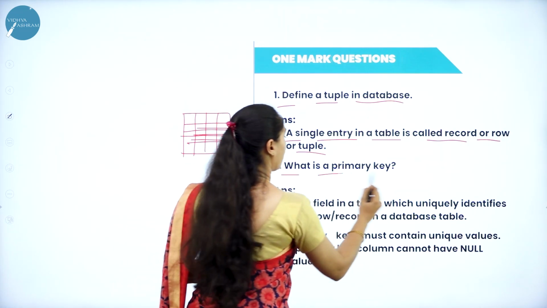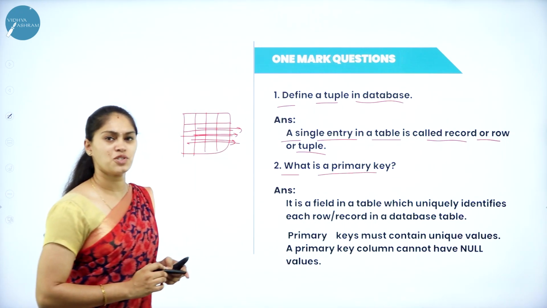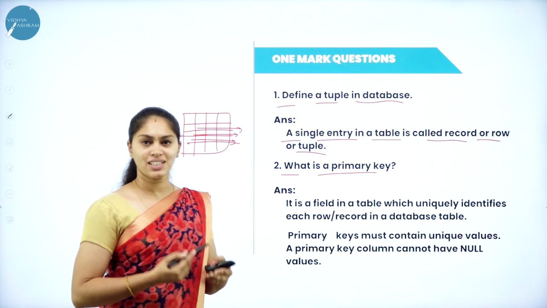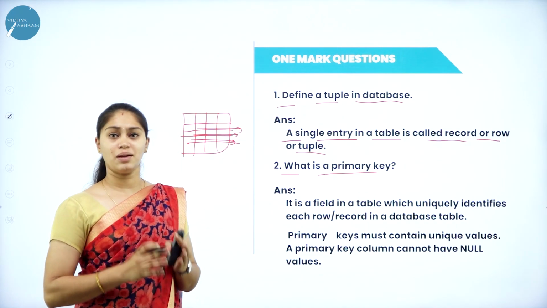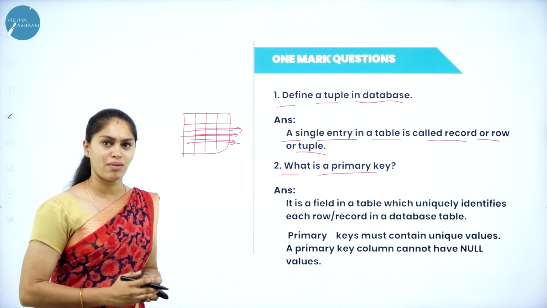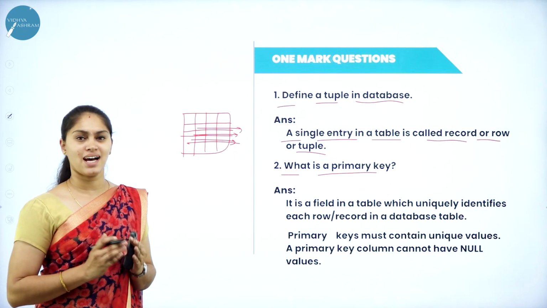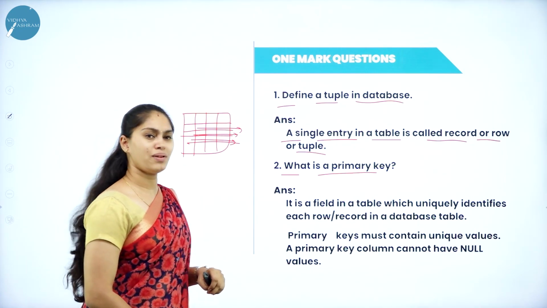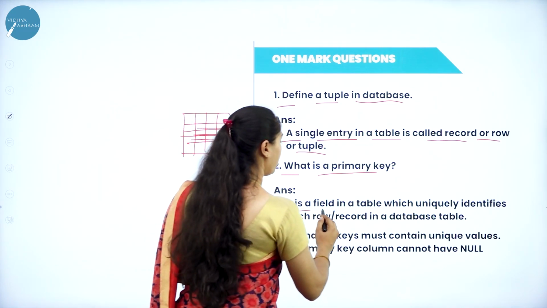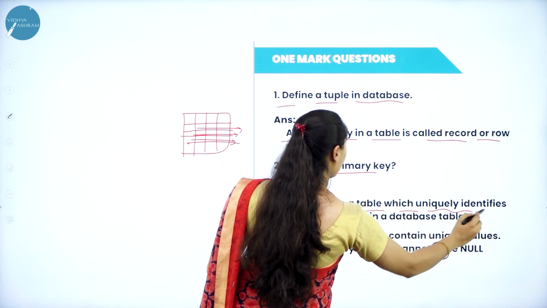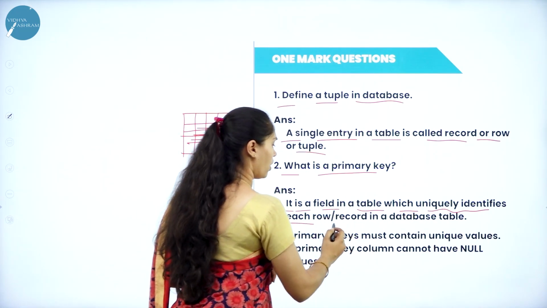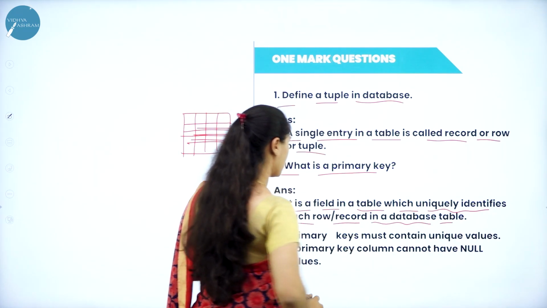Next, what is a primary key? Remember dear students, whatever types of keys we have, all the definitions are important. It can be asked for 1 mark, 2 marks or for 5 marks. So the definitions of all the keys are important here. So what do you mean by primary key? It is a field in a table which uniquely identifies each row or record in a database table.